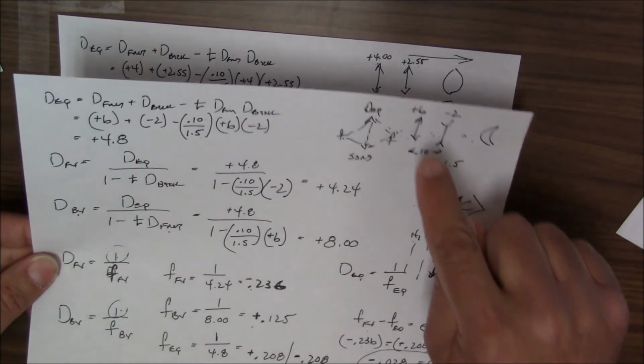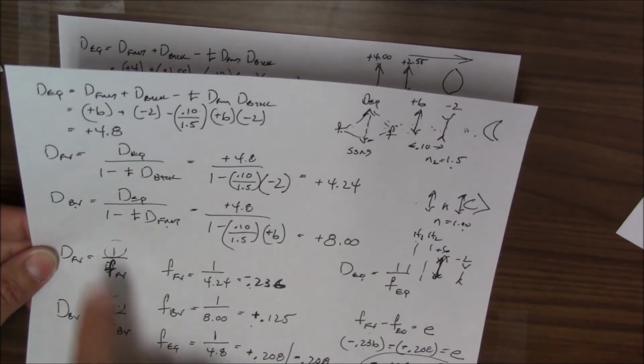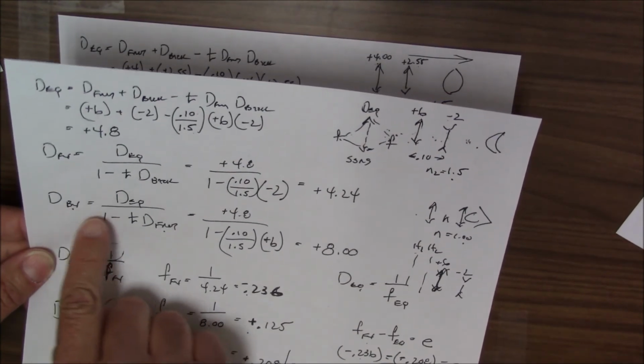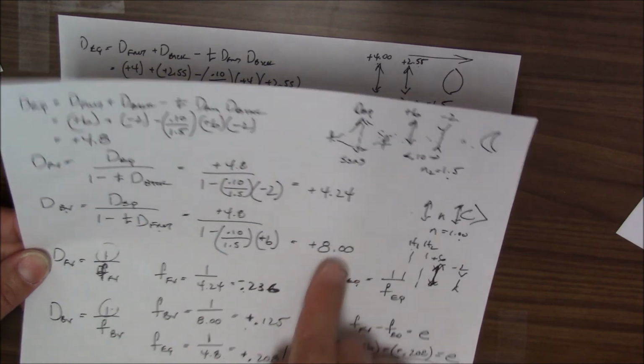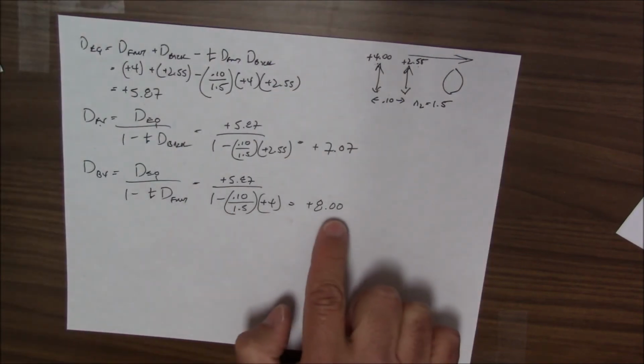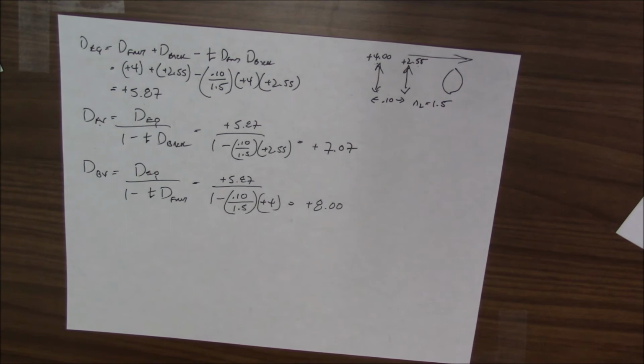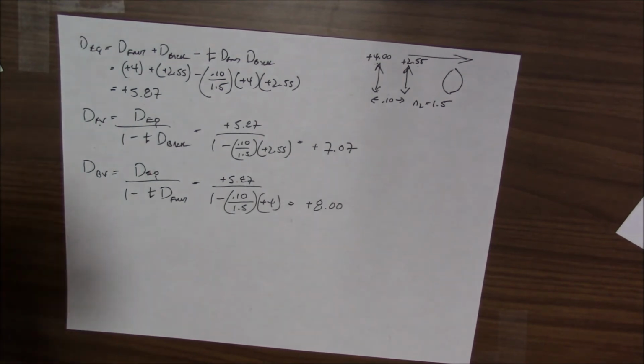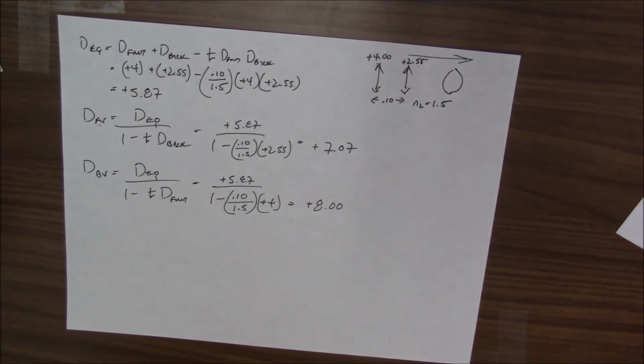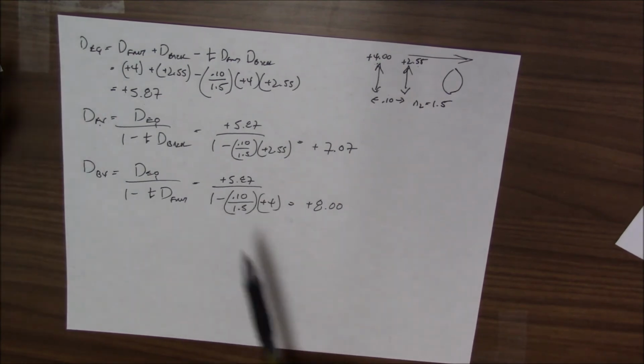This had the positive front and a negative back base curvature. And look at that. The back vertex power is a +8. That means if you took these two glasses, which look completely different, the lenses are shaped completely different, and read them both in a lensometer, they would read the same. But it's obvious, as we're working through, that these two glasses will not perform in the same manner.